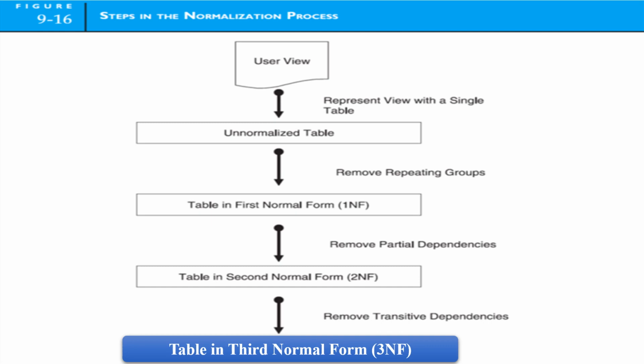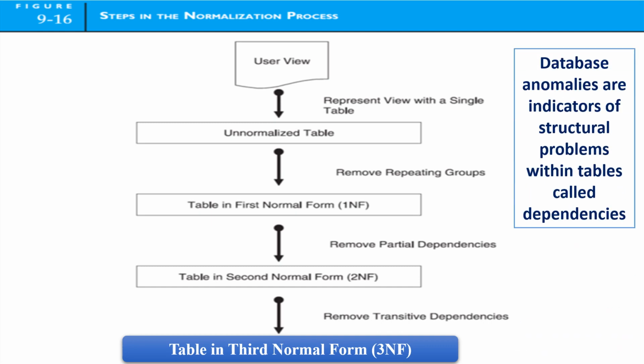Let's have a look at the steps in the normalization process. First of all, we should understand that when we have database anomalies, it means there are indicators of structural problems within the tables, and these structural problems are about the dependencies in the tables.